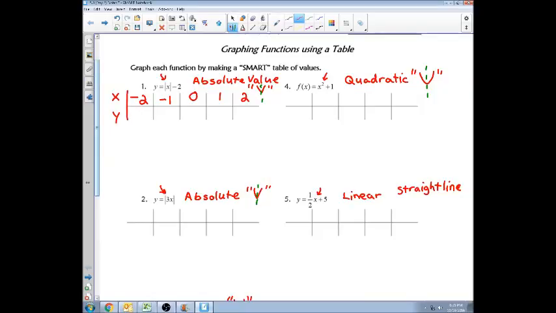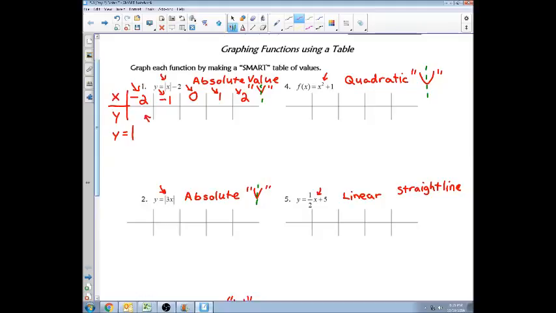So now I'm going to have to solve my equation for Y in order to make sure that my graph splits right at 0. Okay? So I'm going to take the equation, y equals the absolute value, and use each one of these x values, plugging it in for x to find my y values.